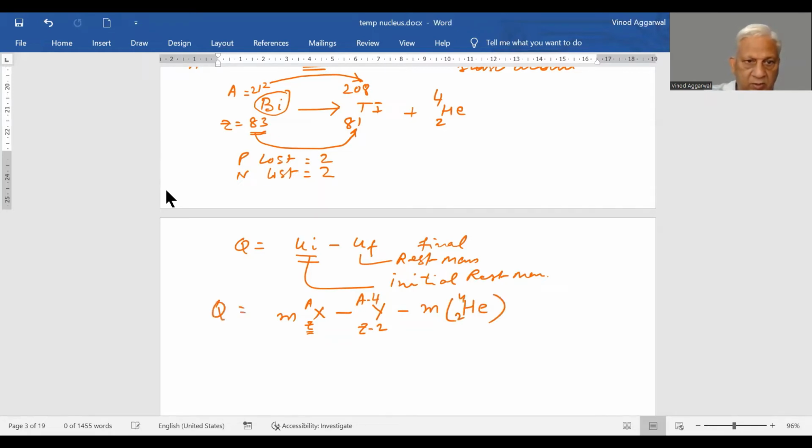So this is the difference in energy levels, c squared. This is the initial rest mass and this is the final rest mass. The difference between the two into c square is the energy which is released in this process.